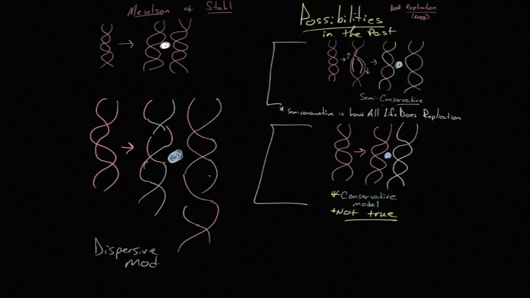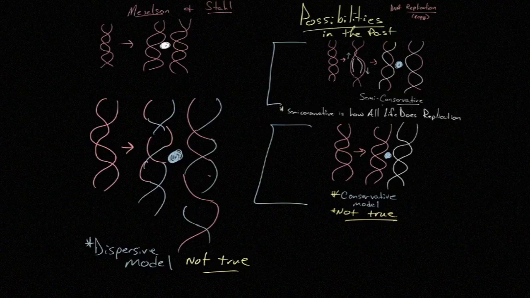Only one of these models would be correct. At the end of the experiment, only one of these models would be correct. And we know today that the dispersive model is not true, not correct, right?